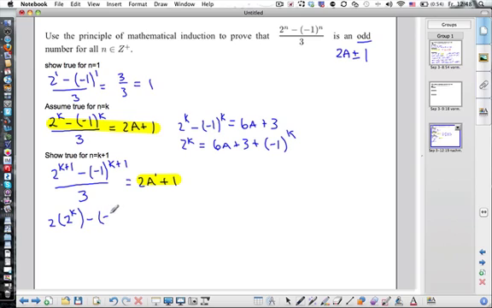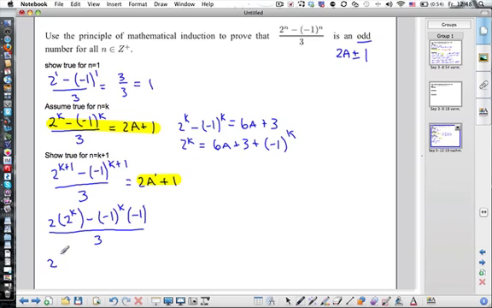All right, so the next step here will be 2 times 2 to the k minus negative 1 to the k times negative 1, all over 3. Now we can substitute this big mess right here in for 2 to the k.